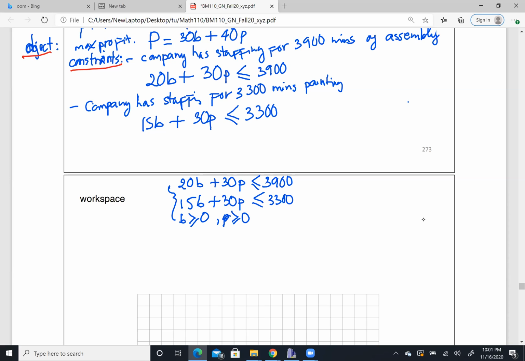Firstly, I need to find the feasible region with a solution for all of this linear inequality system. So follow all the steps from the previous section 10.2.